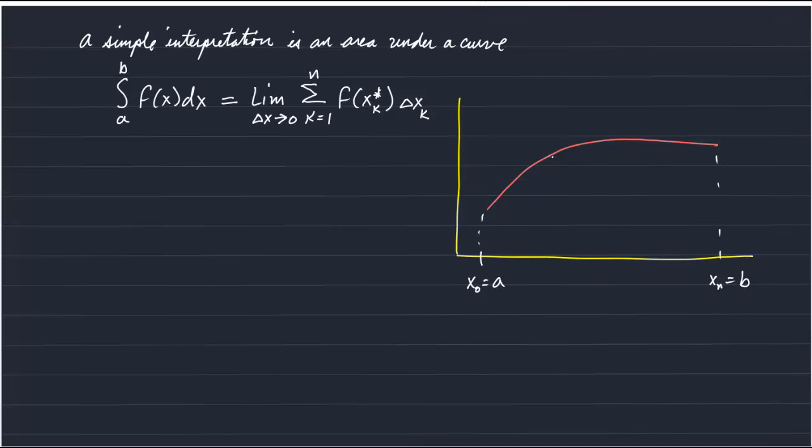And we can divide the curve into discrete rectangles, each having a width of delta x. Or we can approximate the curve as being a number of discrete rectangles.